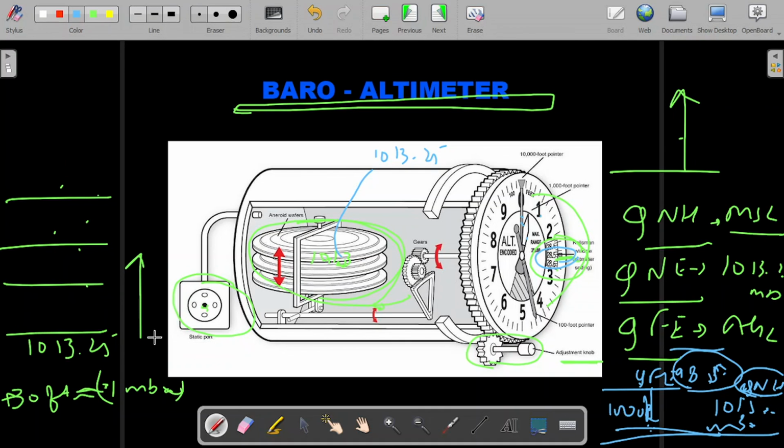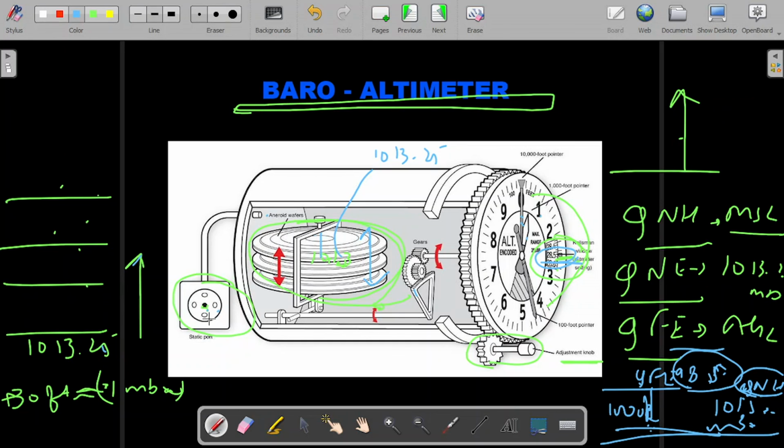Coming to the height, as the aircraft goes up, the static pressure is reducing. That will increase the size of the bellow, which is calibrated to the linkages, and accordingly the height in the baro altimeter changes. So the important part is to set the datum, which value you want to see. The static port should be clean, and that's it.